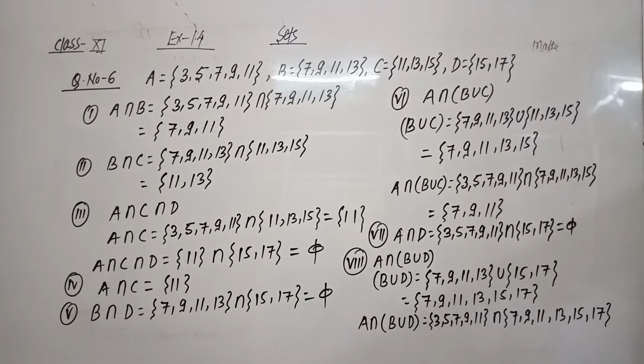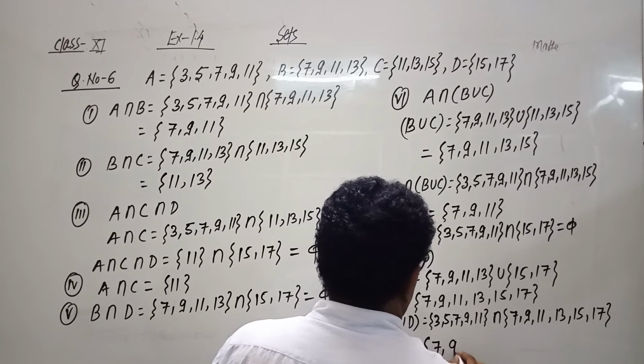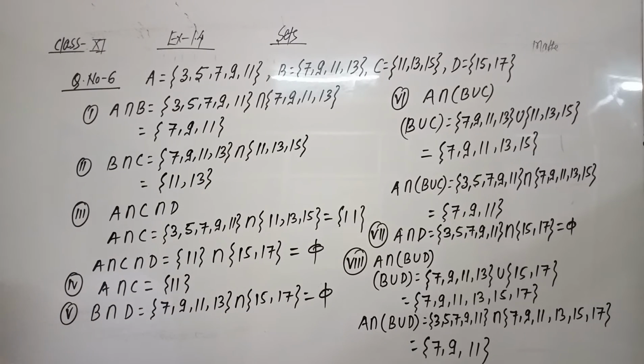Now what is common in both the sets? 7, 9, 11 is the common term. So the result will be 7, 9 and 11. Then part 9.